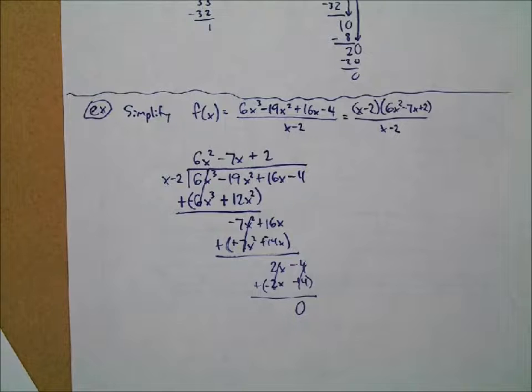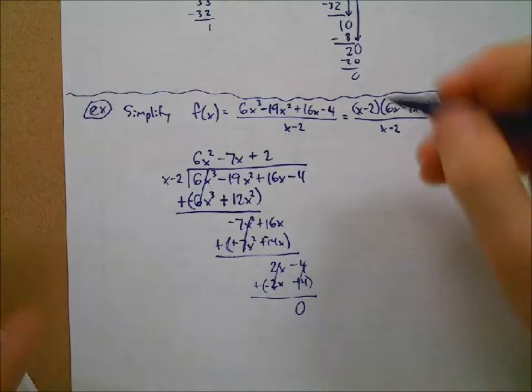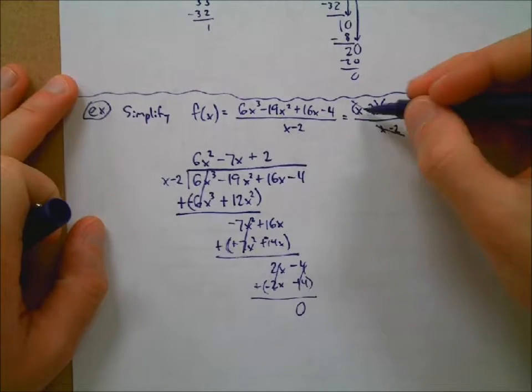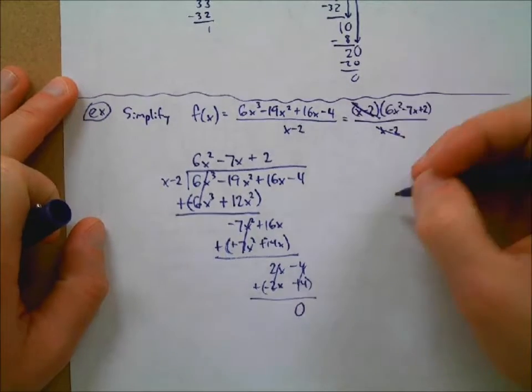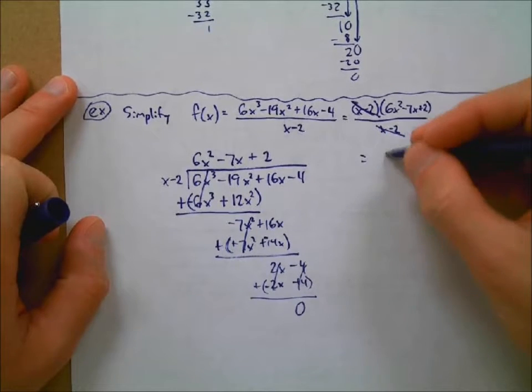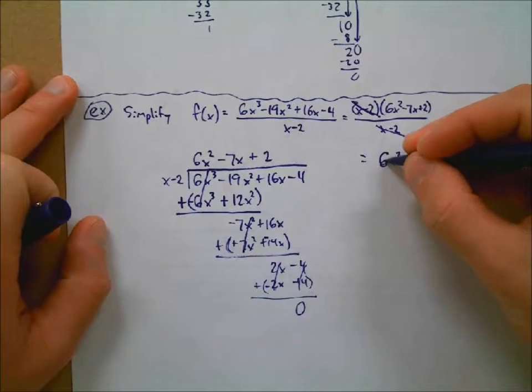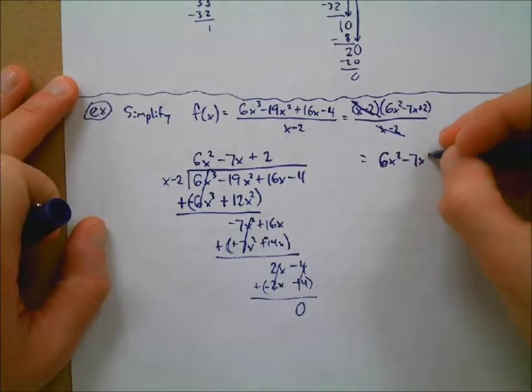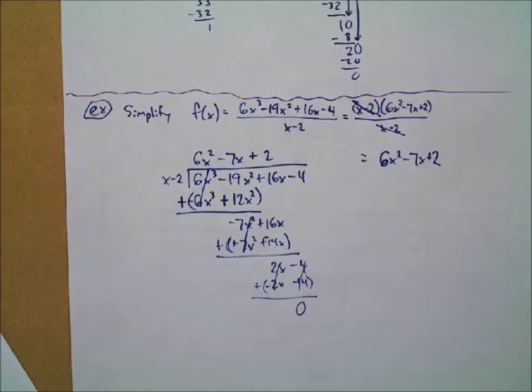Using what we know about fractions, what can we do with those x minus 2's? They cancel. They simplify. So this cancels and this cancels. And so we're left with 6x squared minus 7x plus 2.